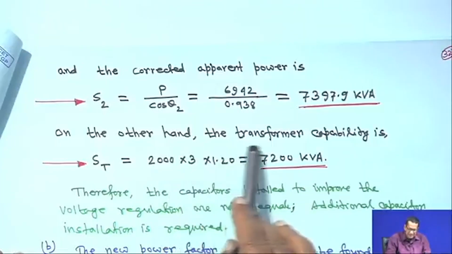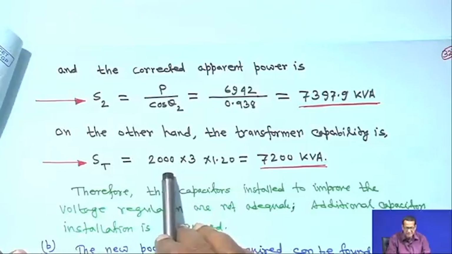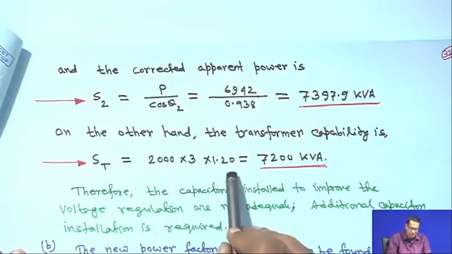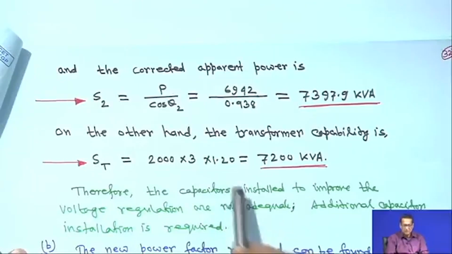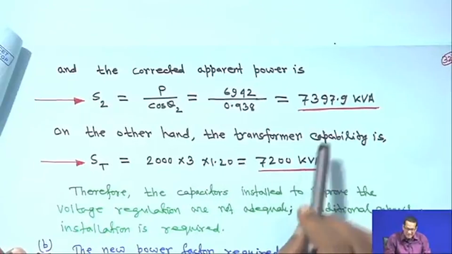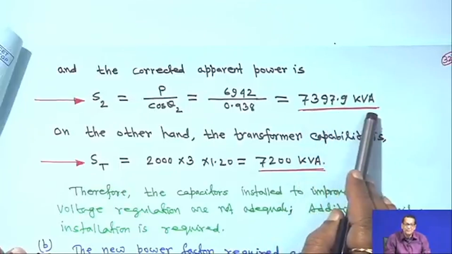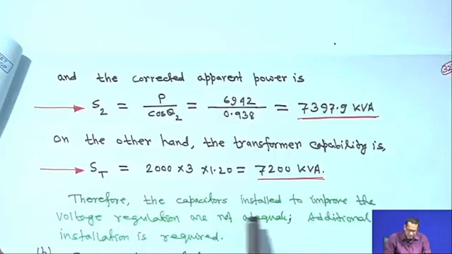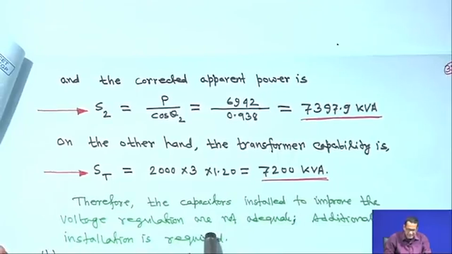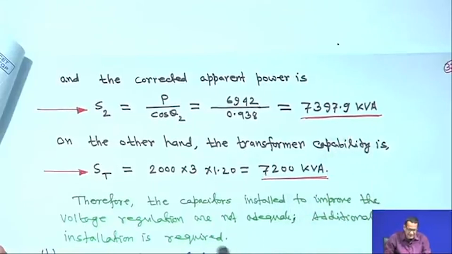On the other hand, the transformer capability, because there are 3 2000 kVA transformers, is 2000 into 3, and the overloading capability is 1.2. So, it is 7200 kVA, right. But here it is 7397.9 kVA. Therefore, the capacitor installed to improve the voltage regulation is not adequate, right, because the transformer capability is less than this. Therefore, additional capacitor installation is required.